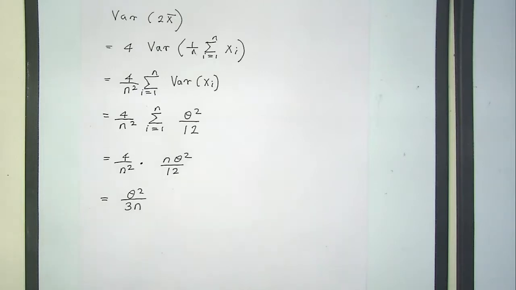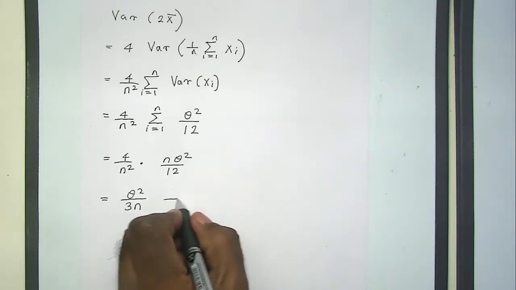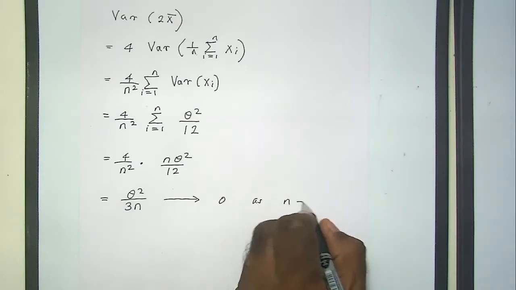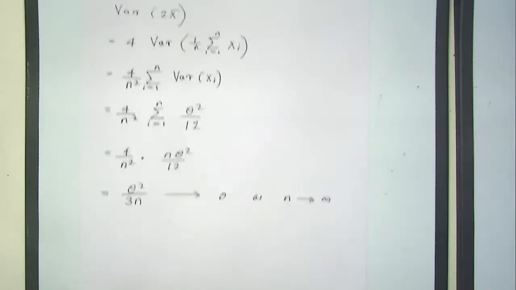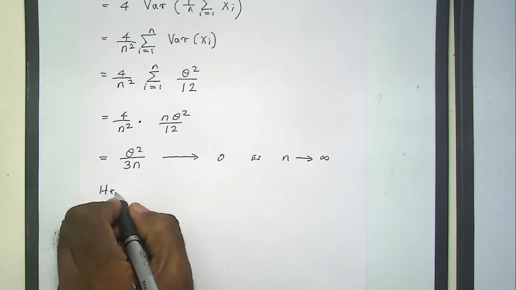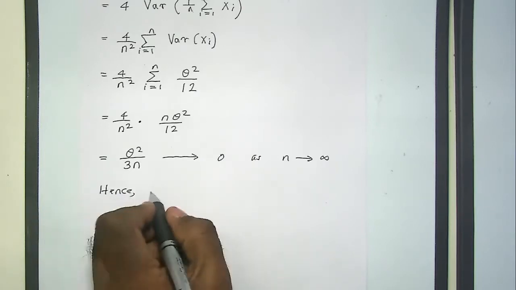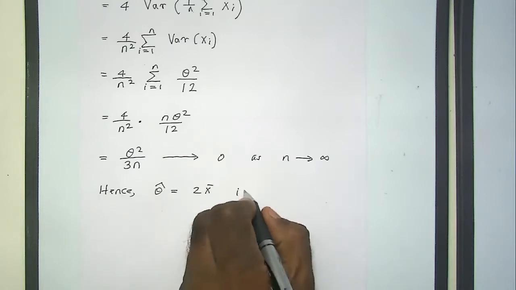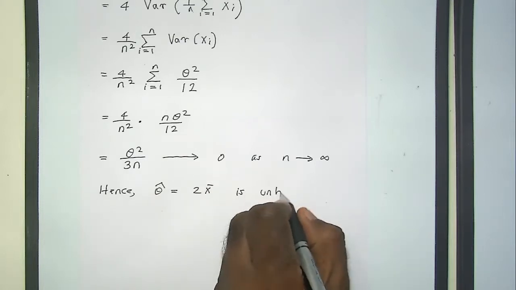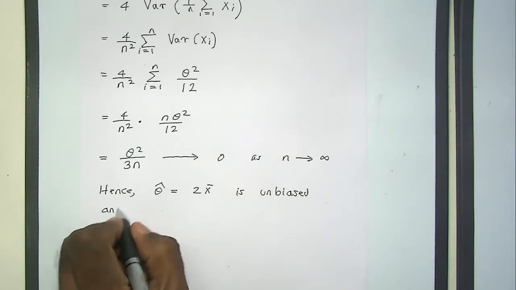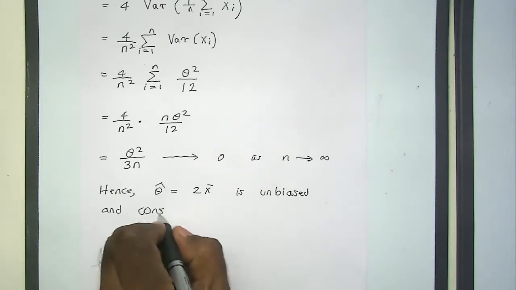Okay, is that right? And this clearly approaches 0 as n goes to infinity. Hence, theta hat equal to 2x bar is unbiased and consistent.